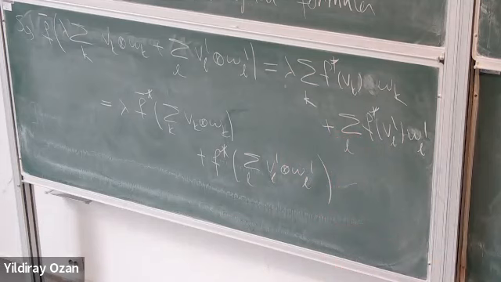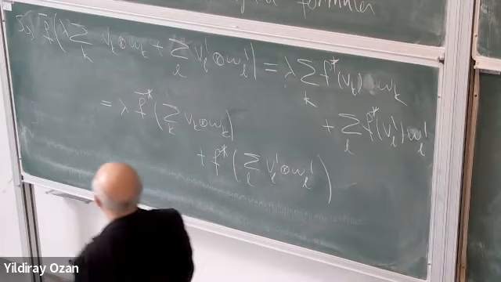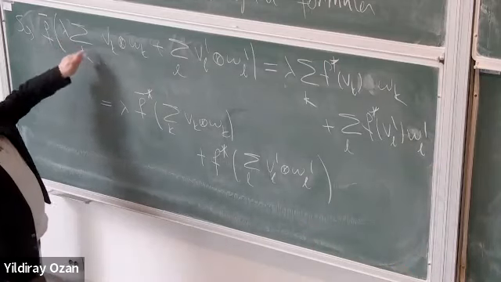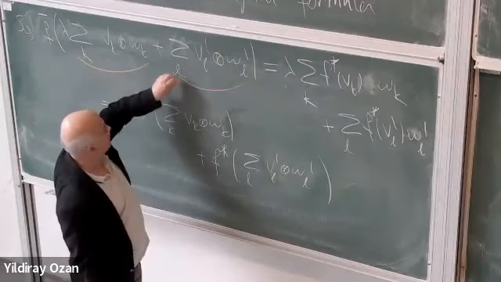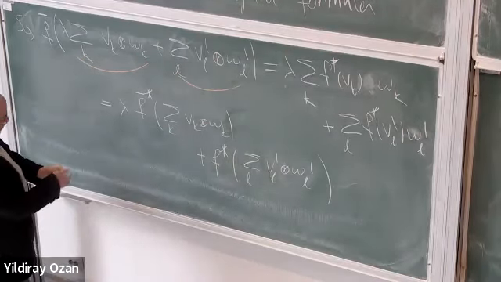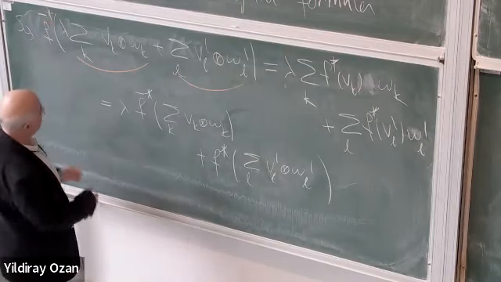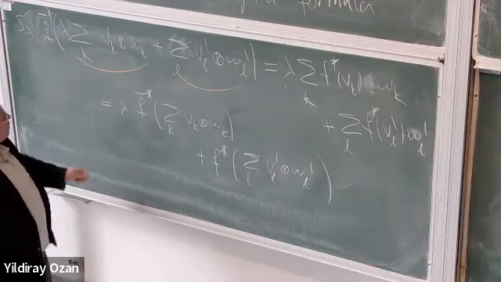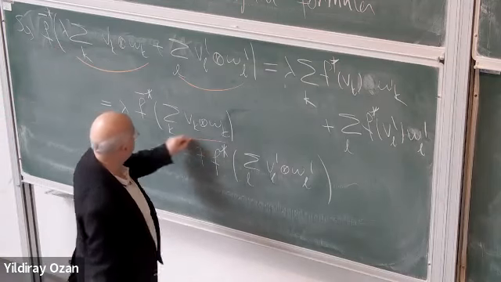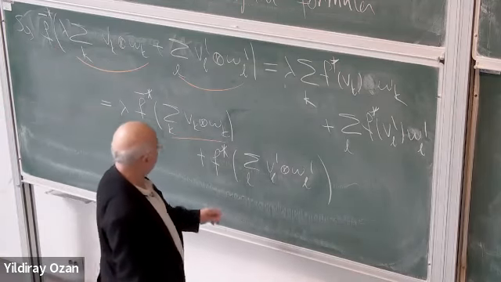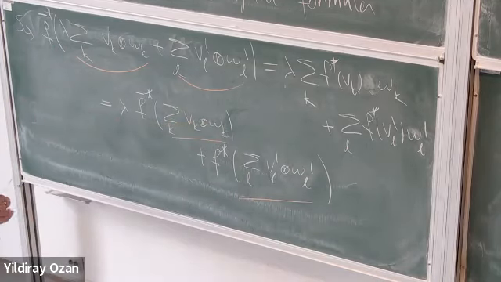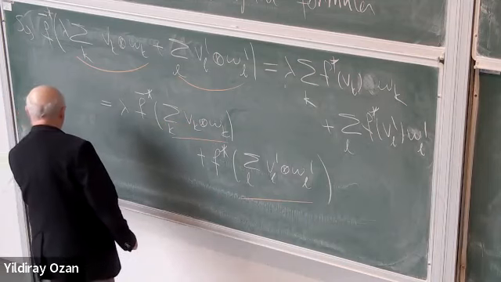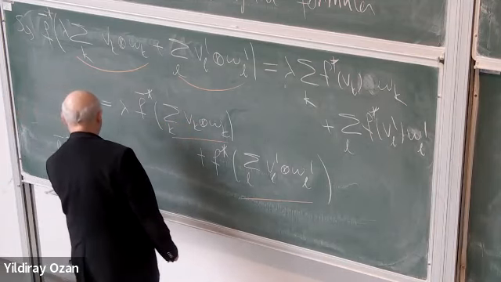What is that? You see, lambda times an element plus another element, its image under f bar star is equal to what? This lambda times this element plus f star of the second element. So this means f bar star is new.